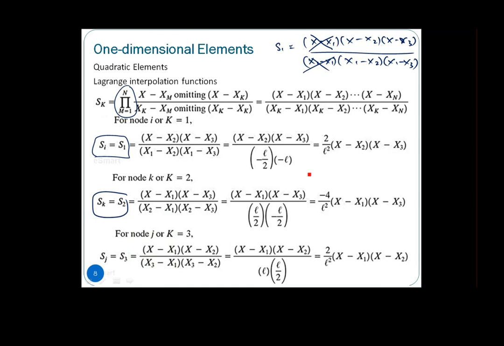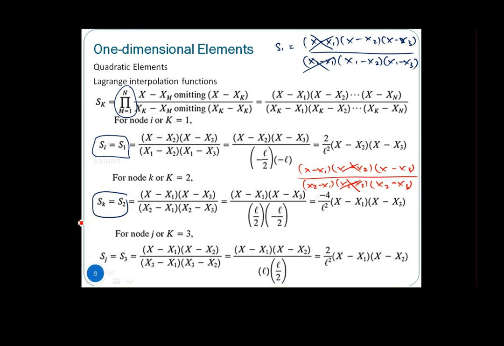We have x minus x1, x minus x3, divided by x2 minus x1, x2 minus x3. The x2 minus x2 term is gone, so we end up with this.